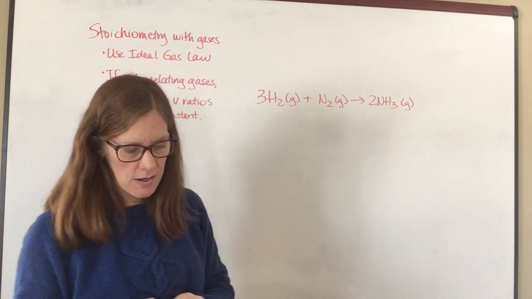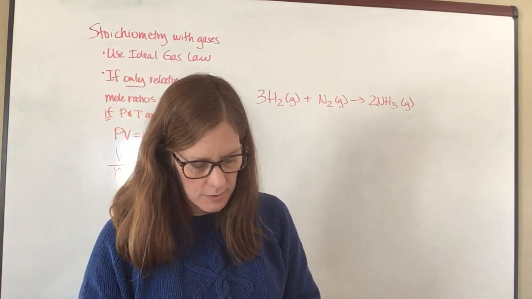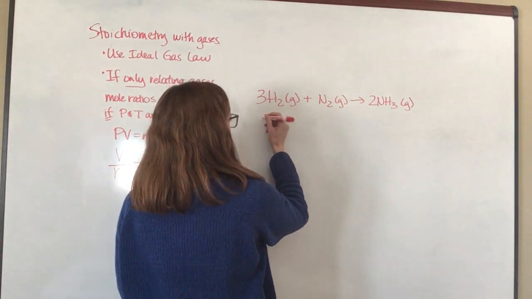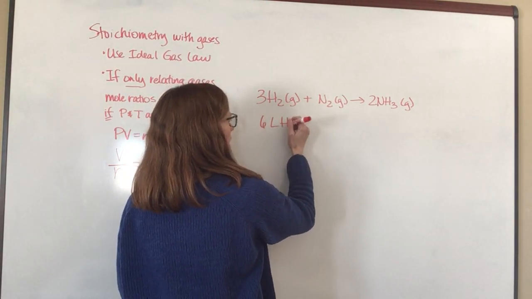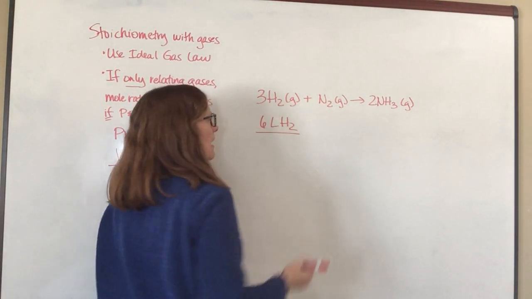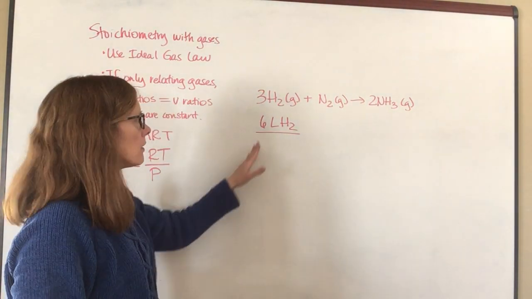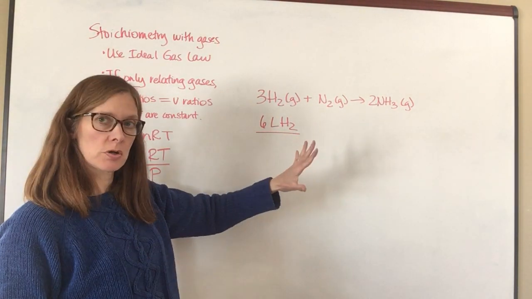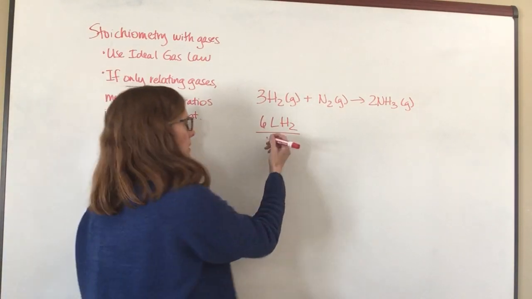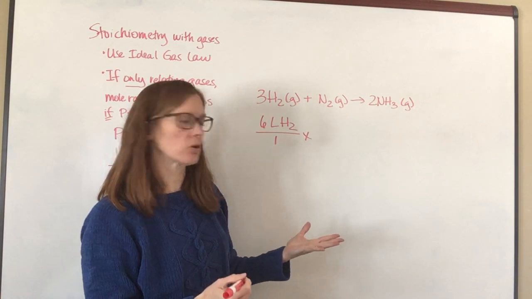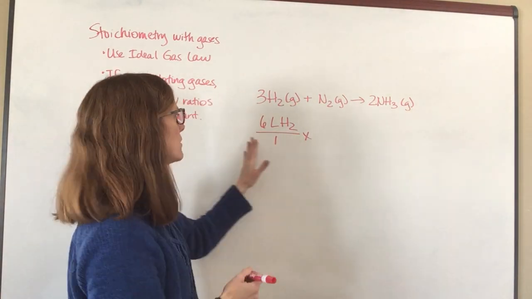So let's say that I had 6 liters of hydrogen gas, and I want to know how much ammonia I'm going to end up with. Well, again, assuming pressure and temperature are constant, I can put this over 1, and I can just use the stoichiometric coefficients that are already in the equation.